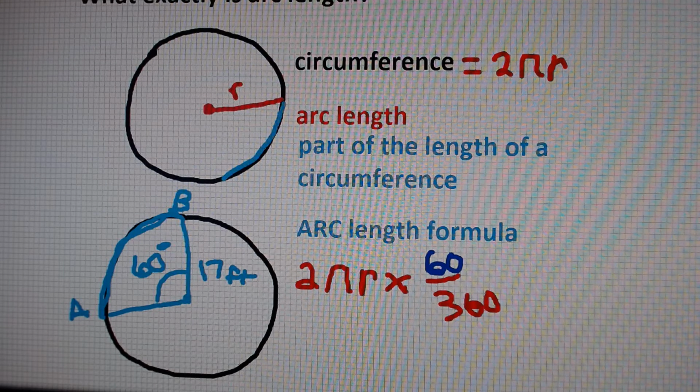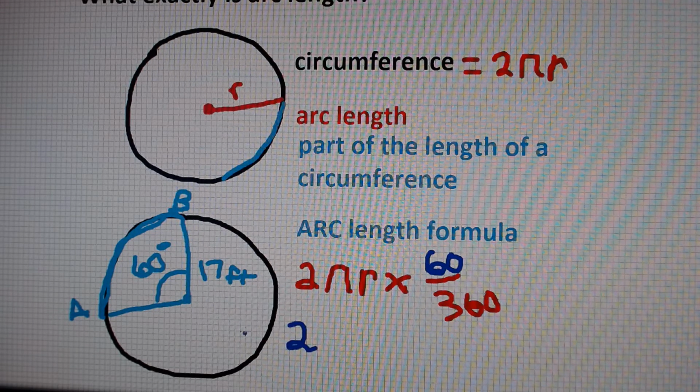Now it's 2 pi r times 60 over 360. Since the radius is 17 feet, I'll replace the r with 17. I'll also replace the pi symbol. I'm going to use 3.14.